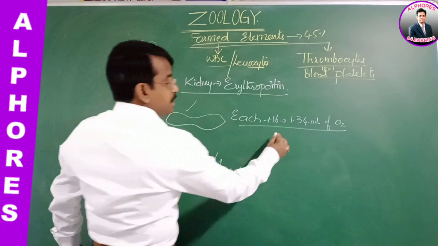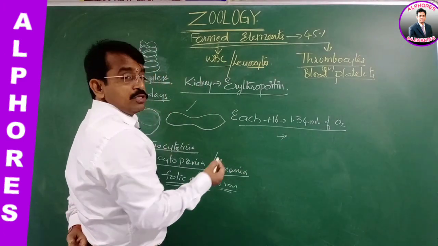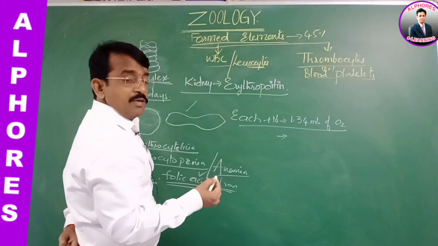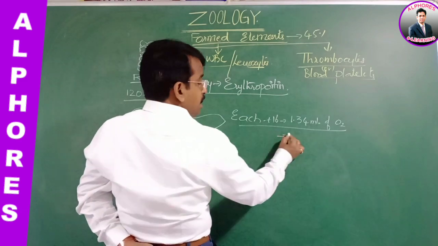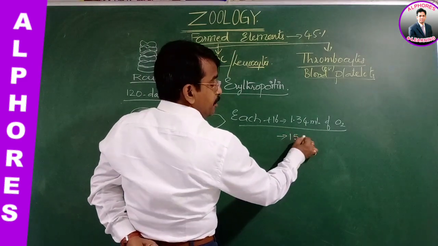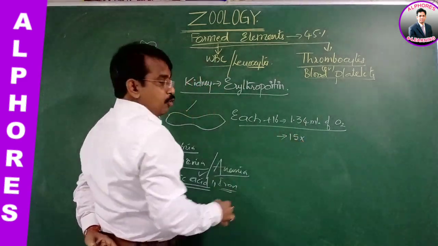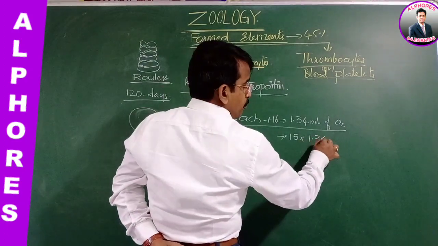And for the amount of hemoglobin per 100 ml, let's take 15 grams of hemoglobin times 1.34.